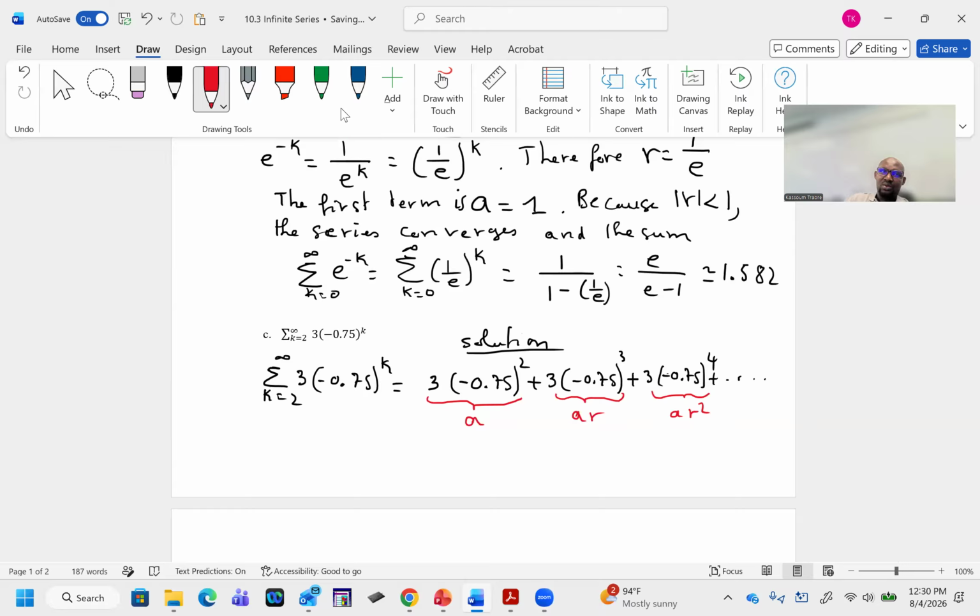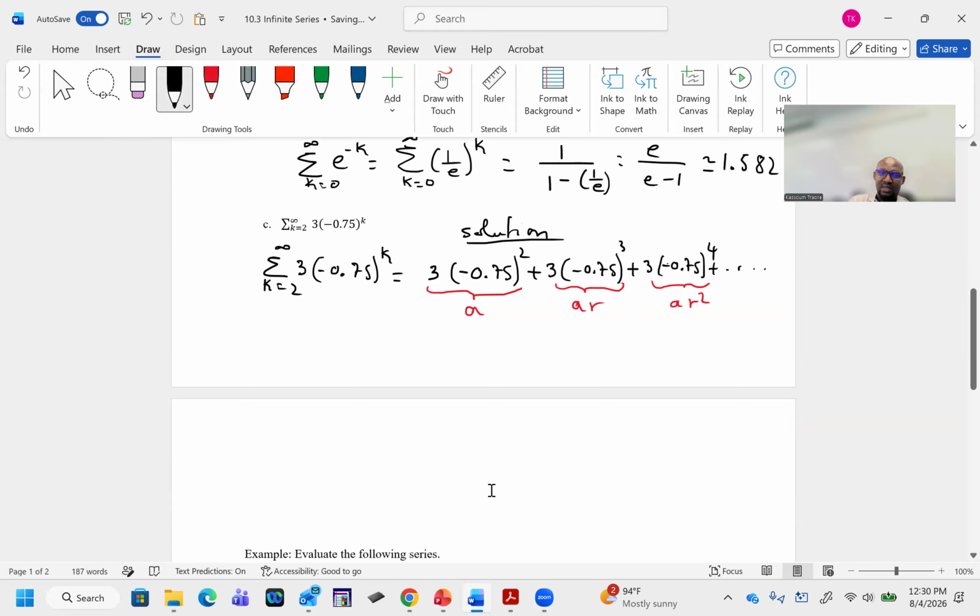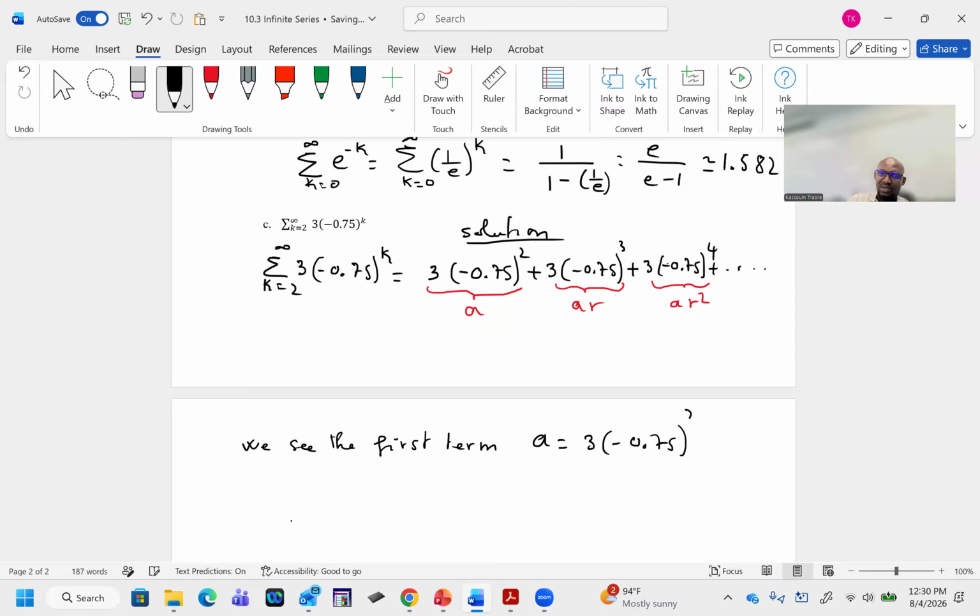So we see that the first term in this case, a, is 3 times negative 0.75 squared, right? And the ratio r is what?